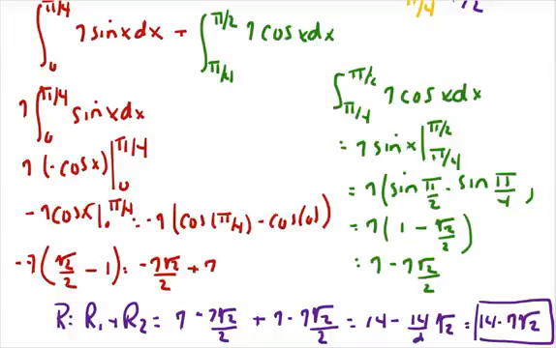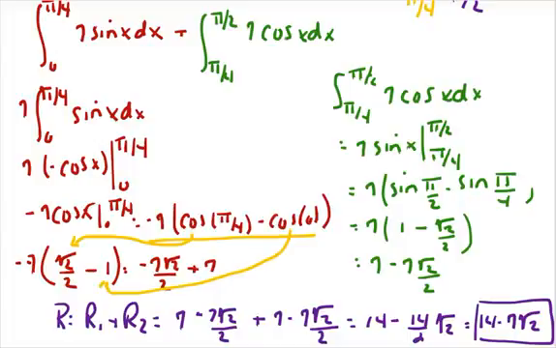So the first integral goes from 0 to pi over 4 of 7 sine x dx. Taking the antiderivative of that, you get minus cosine x. Evaluate it between 0 and pi over 4, and you come down to this. Using the unit circle, cosine of pi over 4 is the square root of 2 over 2, and the cosine of 0 is 1.